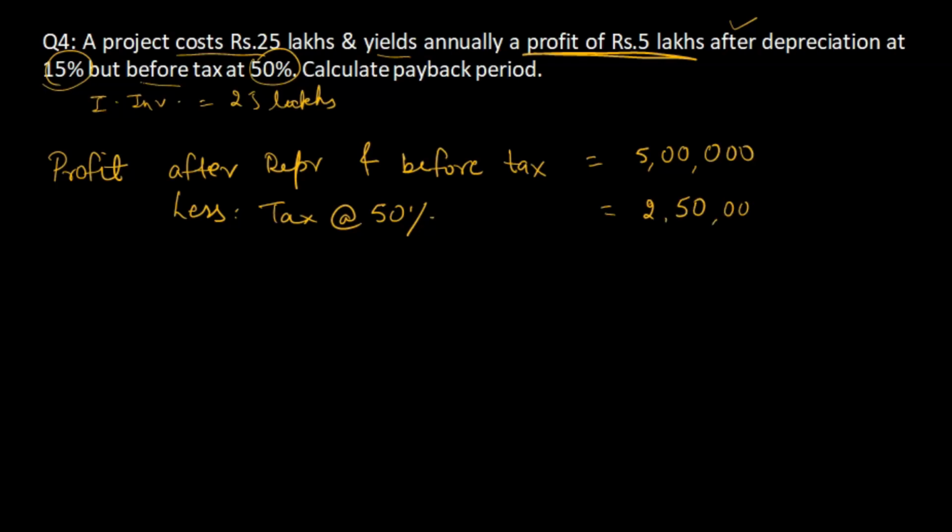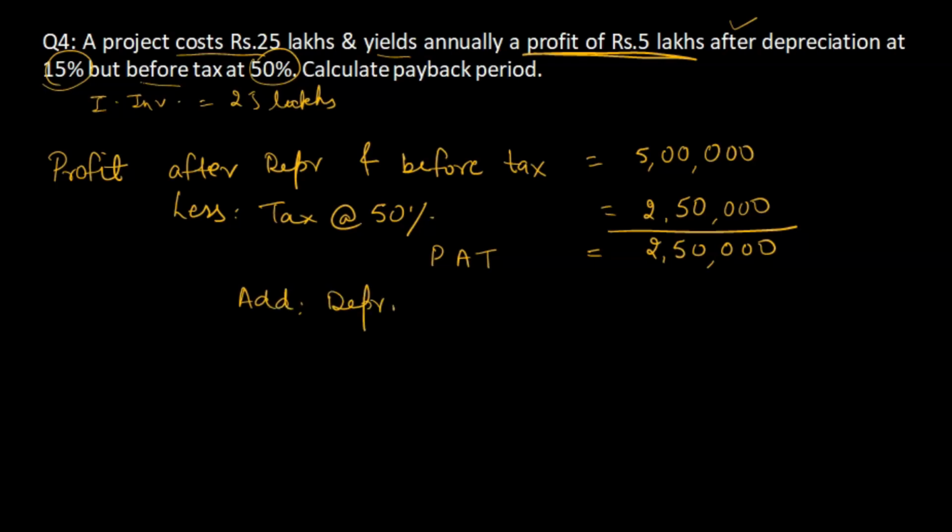On this 5 lakh, on the profit only, we will calculate 50%. So after deduction of tax, we get this amount. This 2,50,000 is profit after tax. For CFAT, if you remember, CFAT is PAT plus depreciation. Now just add the depreciation here.